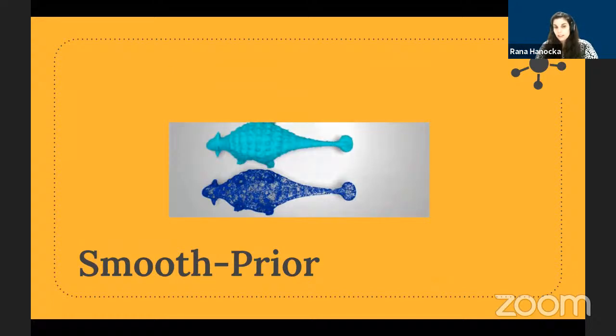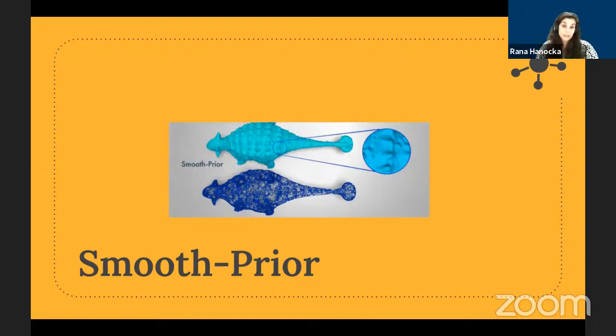This often results in having to define some type of generic smoothness prior. And even though shapes are typically piecewise smooth, this generic prior isn't tailored enough to the current input, which can result in overfitting to noise. For example, observe the noisy bumps around the tail region.